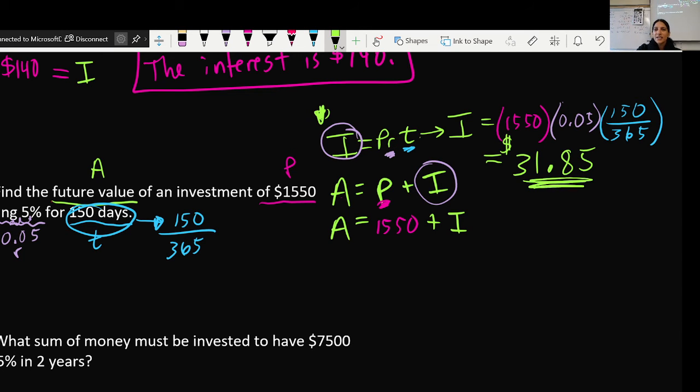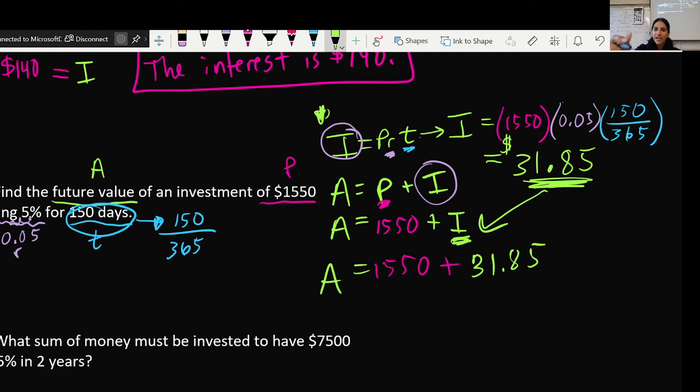So this is basically this. I can plug that in here. So my A value would be this 1550 plus what we just found our new value to be, that would be our 31.85.